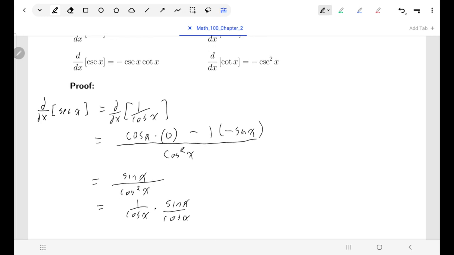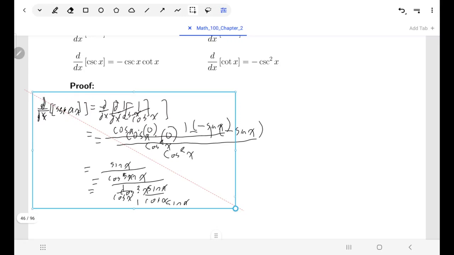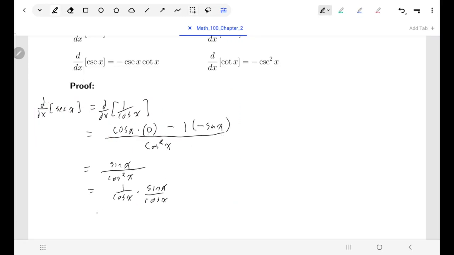And that is exactly secant times tangent. And there we go. That's my proof for the derivative of secant being secant times tangent.